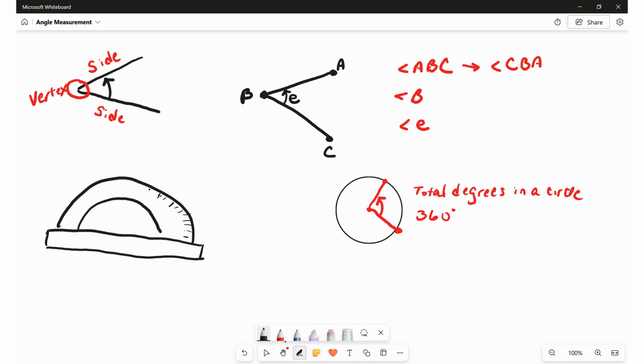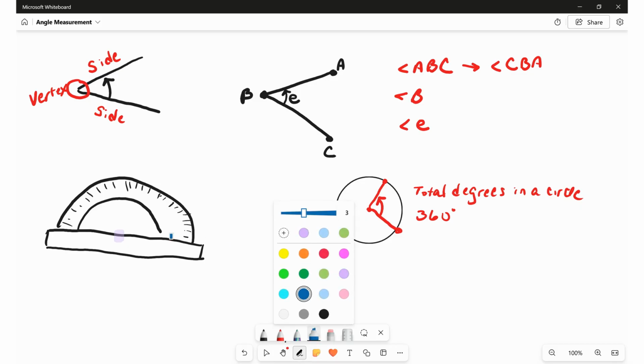And we can use this to measure an angle. Whenever we have an angle here, what we can do is take the protractor and take this bottom part here. There's usually a center dot right here. And then we have this bottom piece that we would line up with the bottom of the angle.